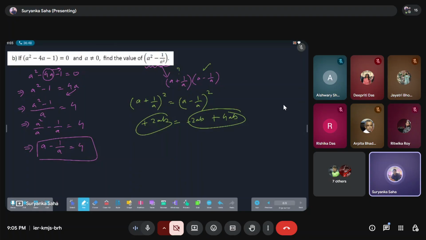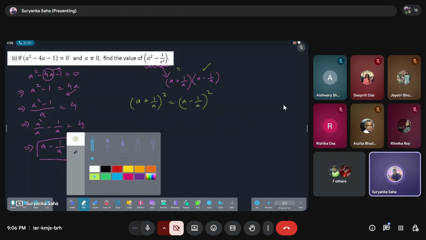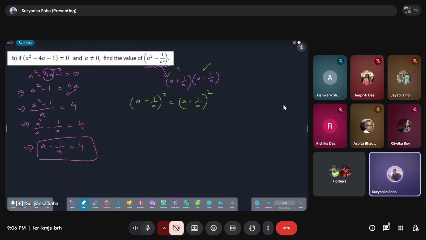Understood? Minus 2ab with 4ab added will give you plus 2ab. So for adjustment, I hope you understand. Otherwise say so, you can do step breaking also, no problem at all. So a plus b whole square equal to a minus b whole square plus 4ab.